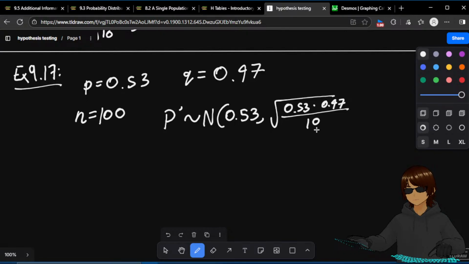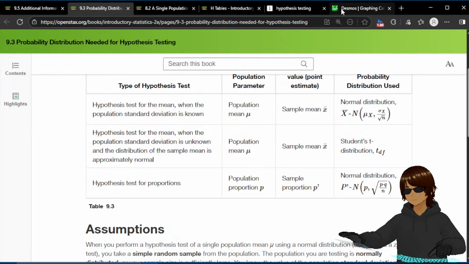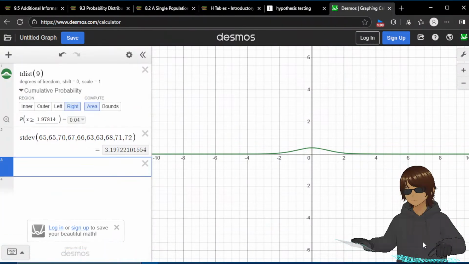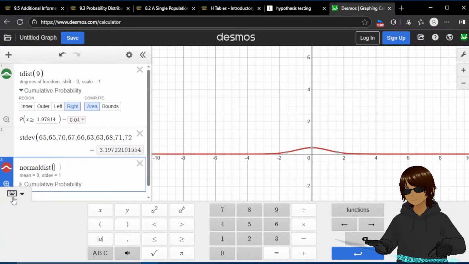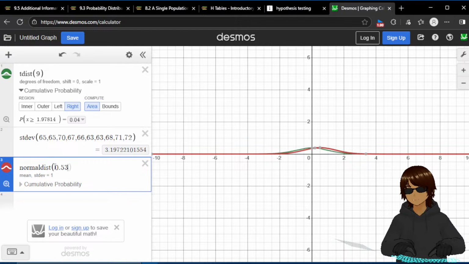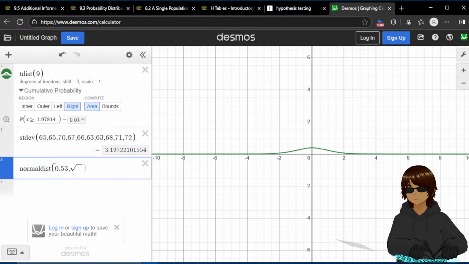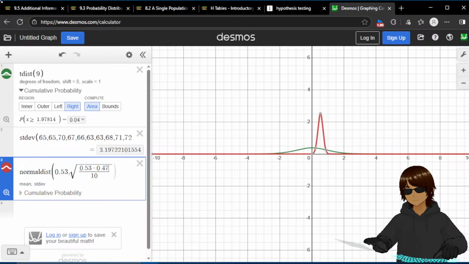Over root 100 is just 10. 0.53 and square root. This is the normal distribution.